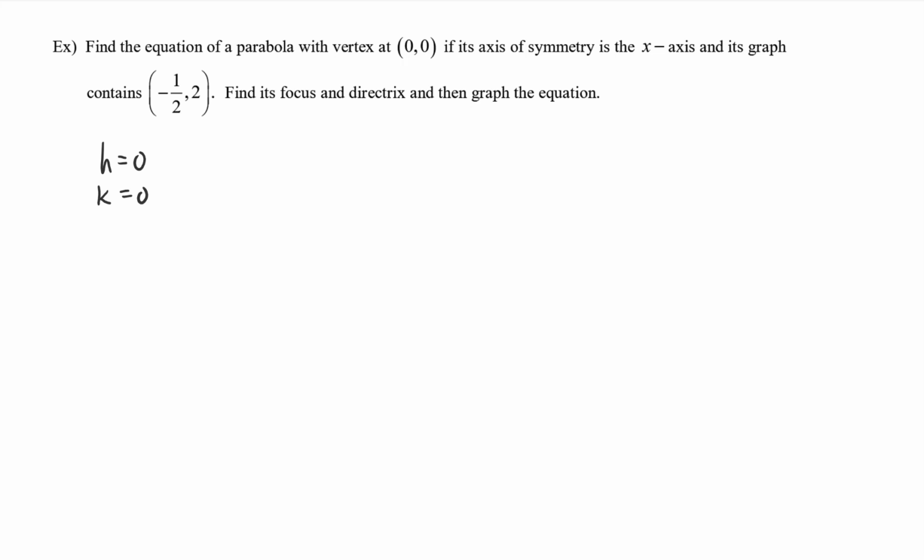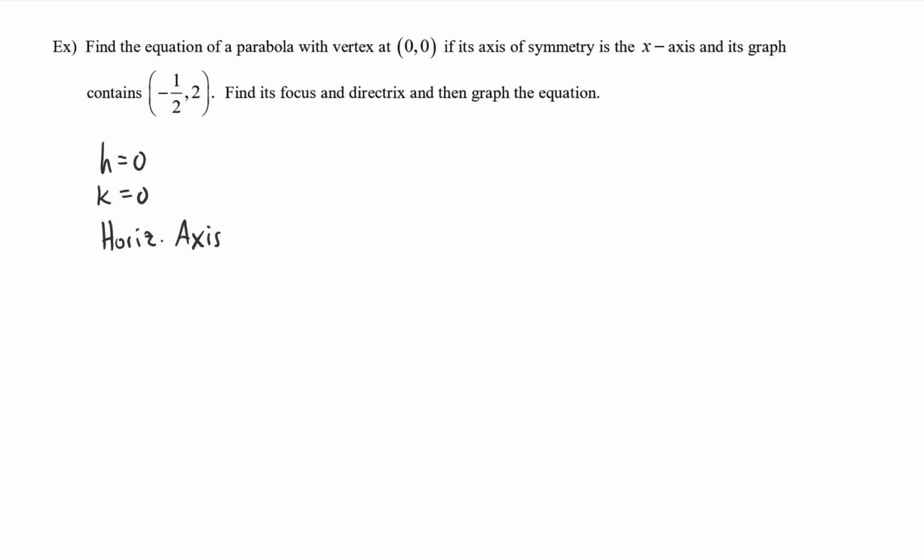So it's got a horizontal axis. And its graph contains negative 1/2, 2. So it doesn't say that's the focus or vertex. It just says that it contains negative 1/2, 2.